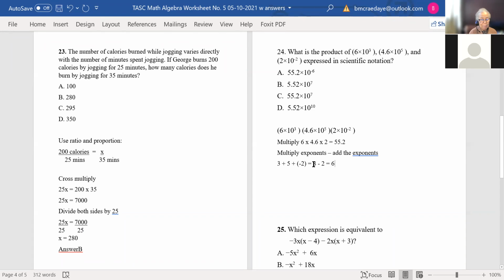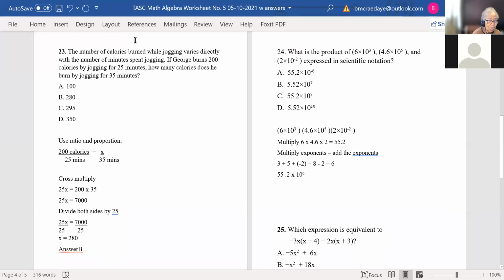So 2 from 8 is 6, and the bigger number is the plus one. Okay, so your exponent is 6. So this would be 55.2 times 10, and let's put our 6 here.